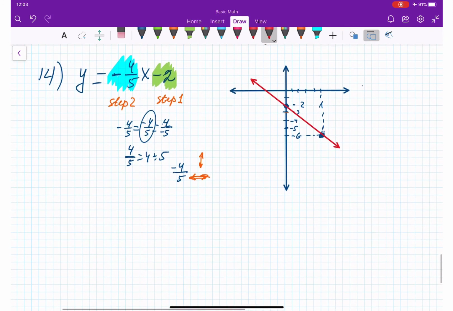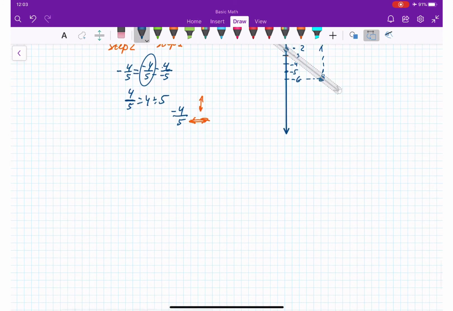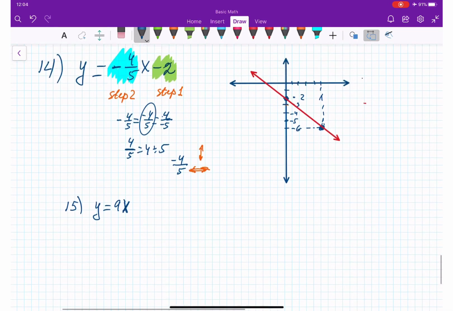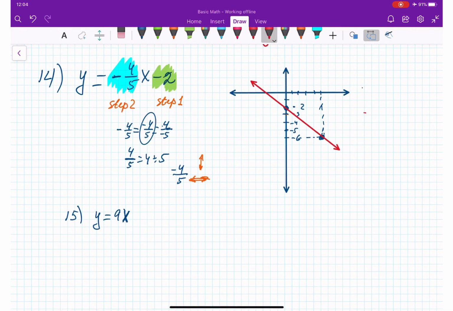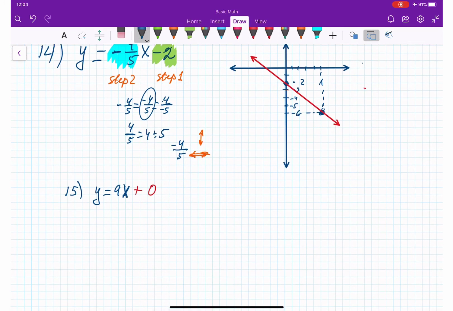Question number 15, we have y equals 9x. So when we have y equals 9x, we understand that the y-intercept is going to be 0, right? Okay, let's build the graph.